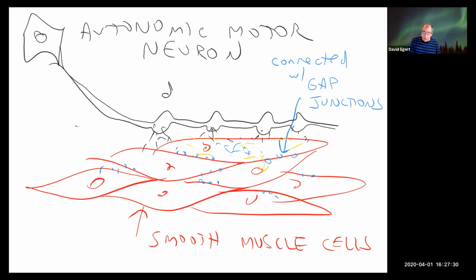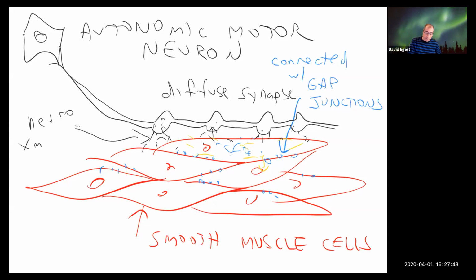This is what we call a diffuse synapse. These little varicosities, these little swellings, are just releasing this neurotransmitter here, exciting the whole family. And they're all co-exciting each other because they all have the gap junctions, so they're all electrically connected. So this is something that's pretty different.